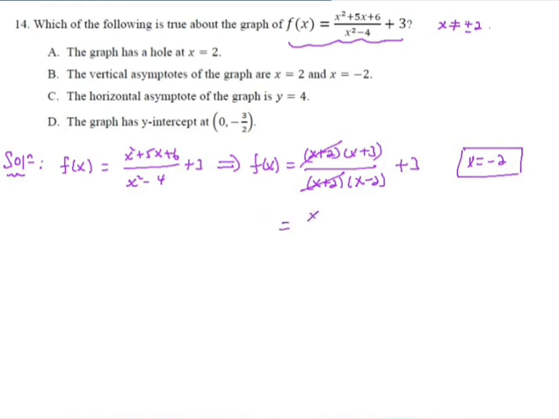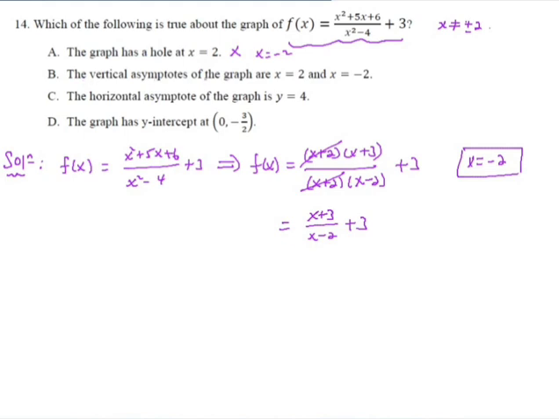So the simplest form for the given function is (x plus 3) over (x minus 2), plus 3. Then the graph has a hole at x equals 2? This is wrong. It has a hole at x equals minus 2.